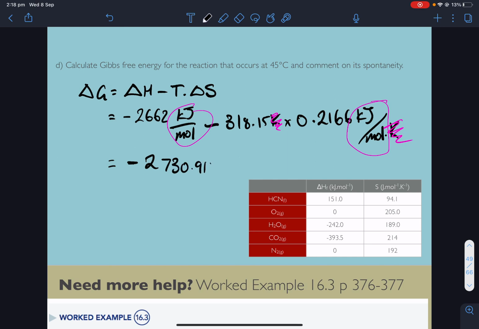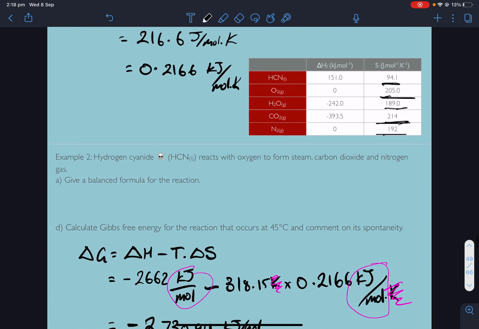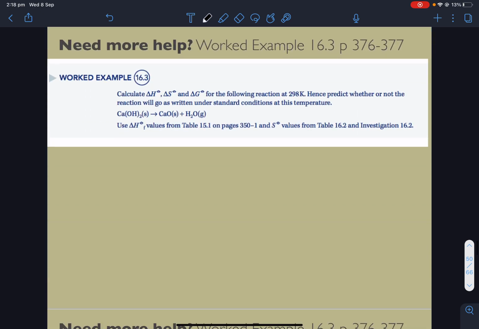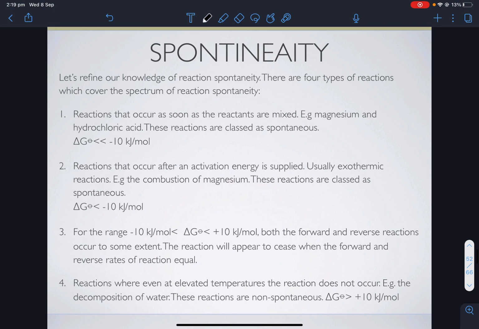Negative 2730.911 kilojoules per mole. And our main thing that we're looking for, our Gibbs, is that it is less than 0. So therefore, the reaction is spontaneous. Maybe I should do another example here where I've got opposing drives. Anyway, that's a good enough example. Now you can do those and we'll talk a bit more about spontaneity.